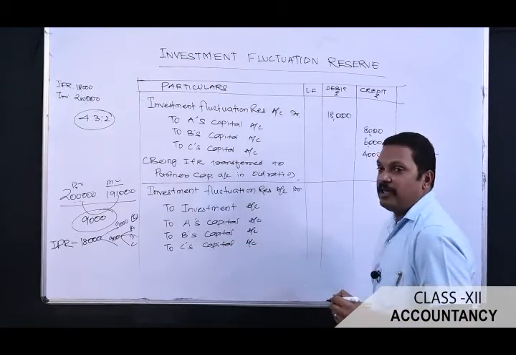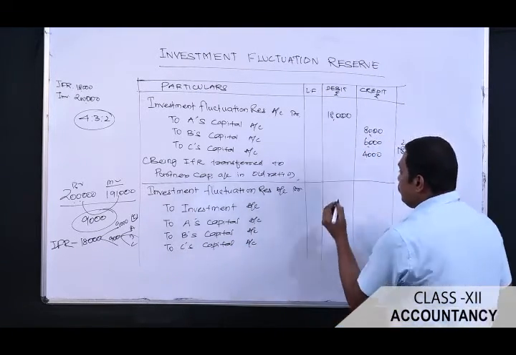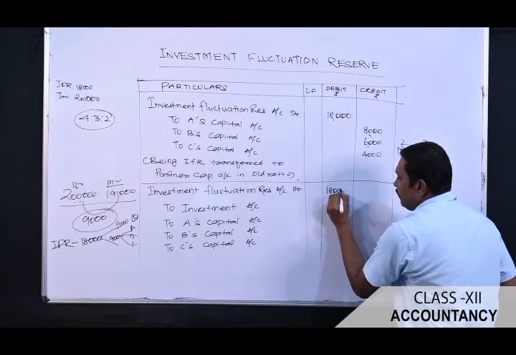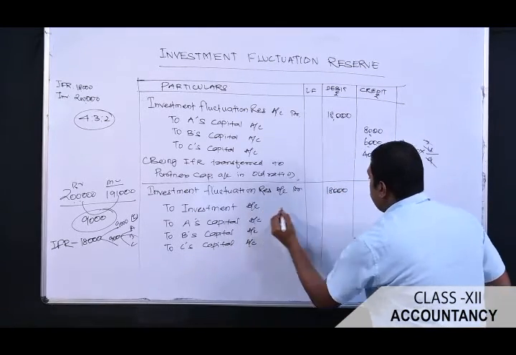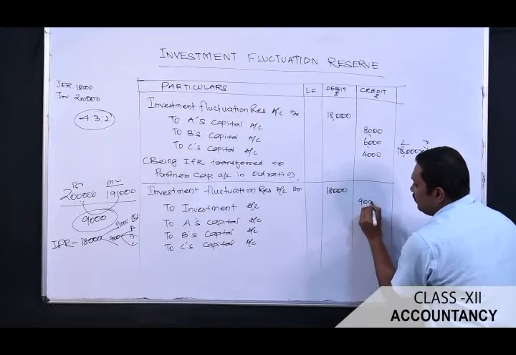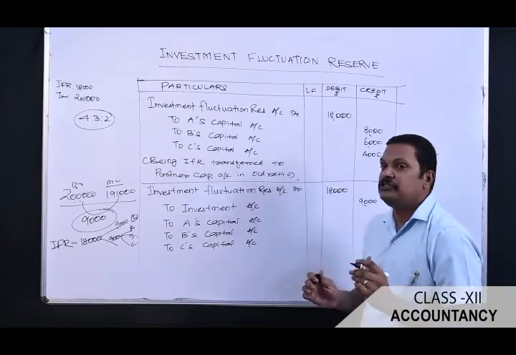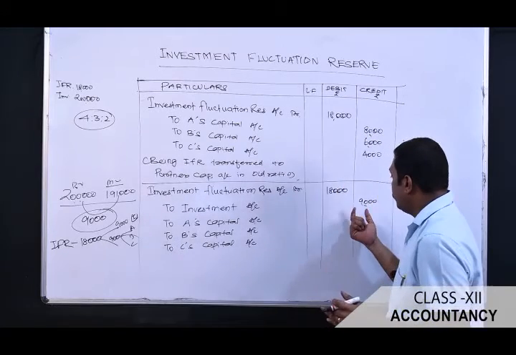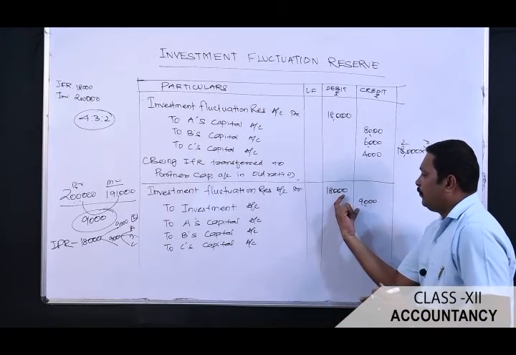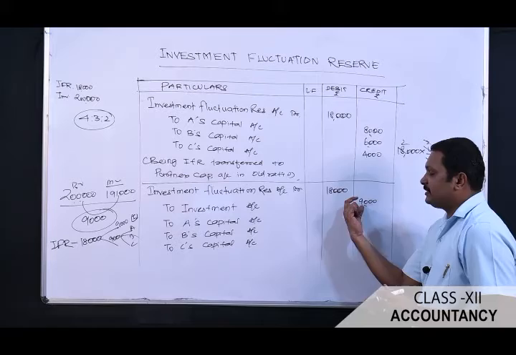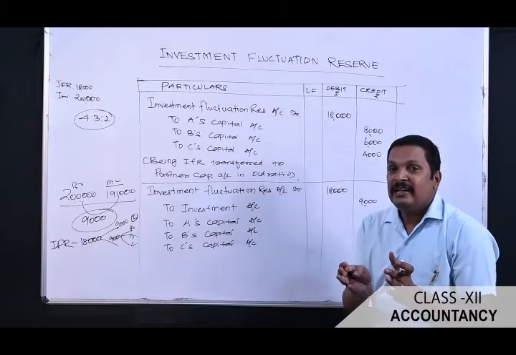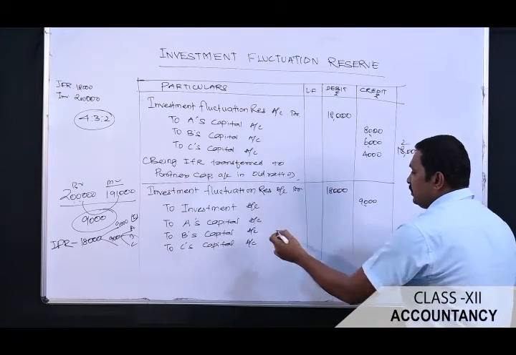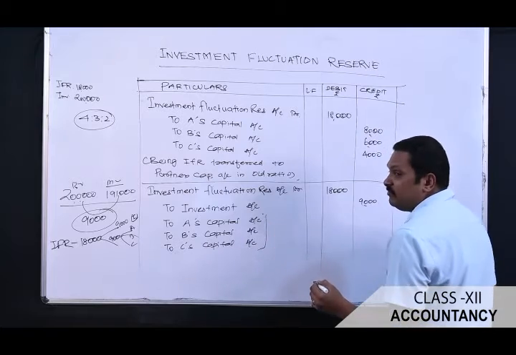Okay, how much balance are we having? We are having a balance of rupees 18,000. So we transfer 9,000 to investment as there is a change between the market value and book value. So what is the amount of balance left now? 18,000 minus 9,000, we are having only 9,000 balance. It will be distributed among the partners in which ratio?